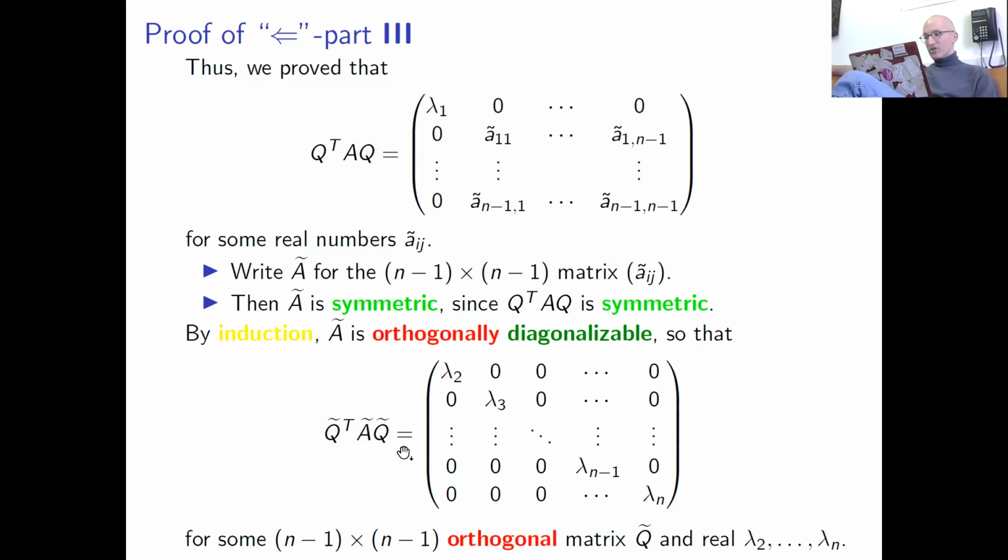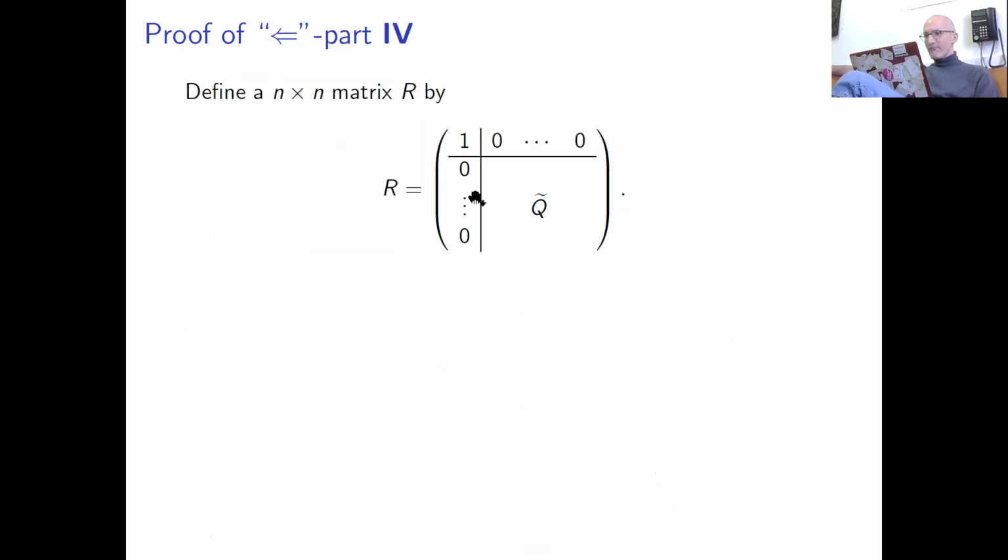Now we just need to convert this n-1 times n-1 orthogonal matrix Q tilde into an n times n orthogonal matrix. We can put 1 in the top left corner and 0 everywhere else, and form this matrix R. Since Q tilde is orthogonal, this matrix is orthogonal.